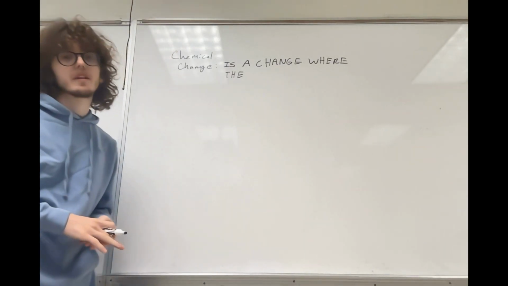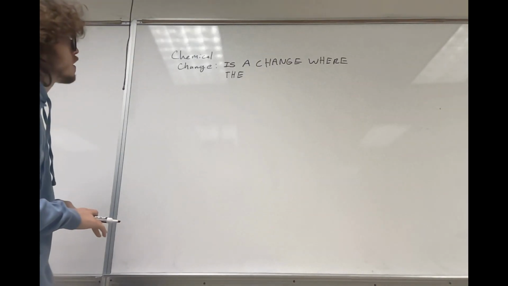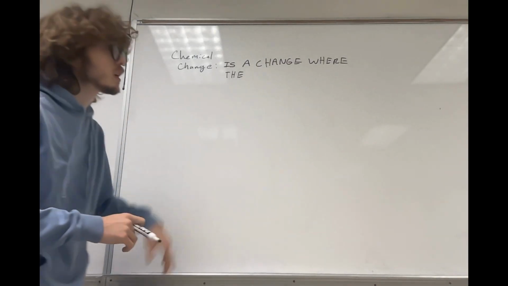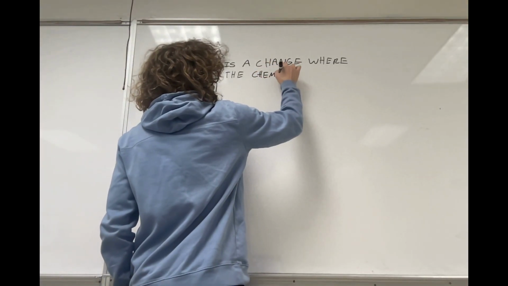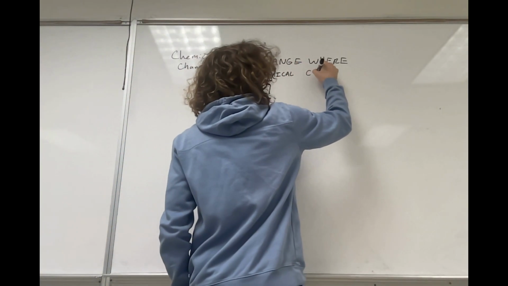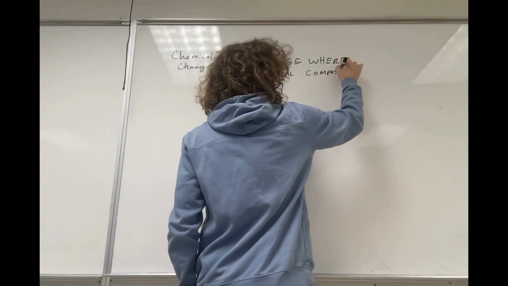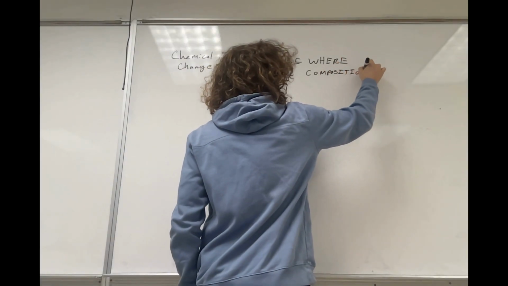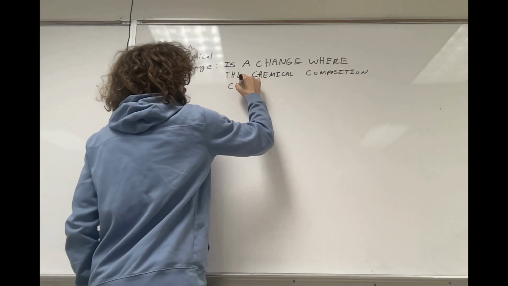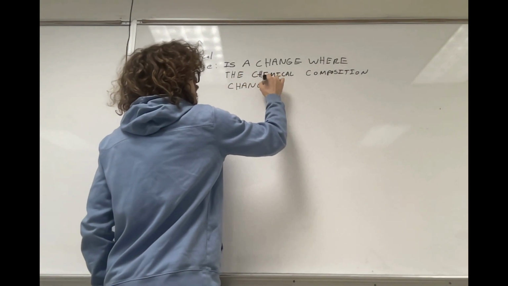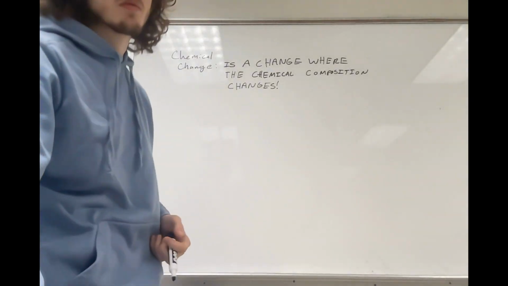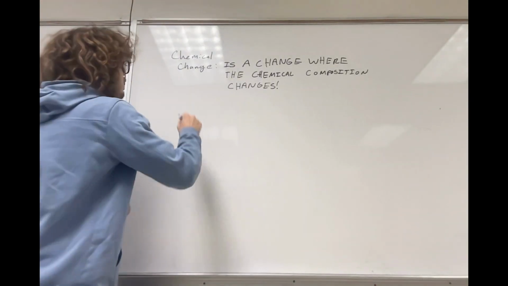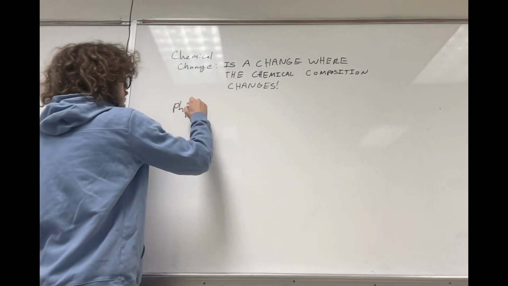We'll learn this stuff later, such that it's a change where the chemical composition changes. Okay, so we'll get into some examples and hopefully you'll be able to see, but this is different from a physical change.